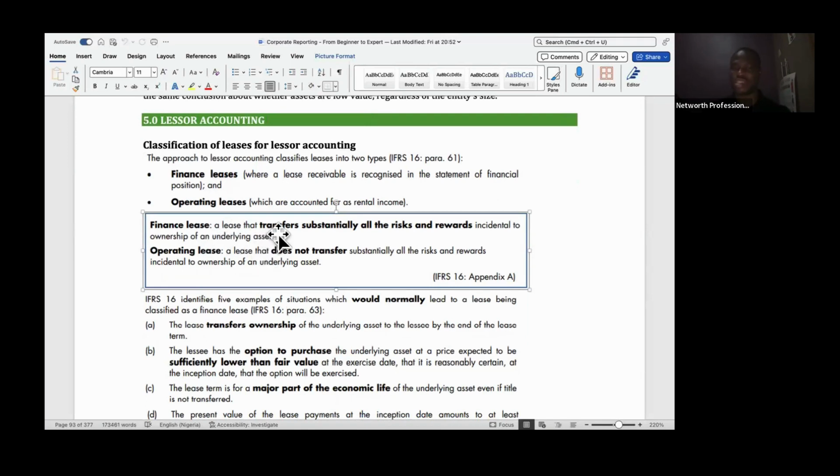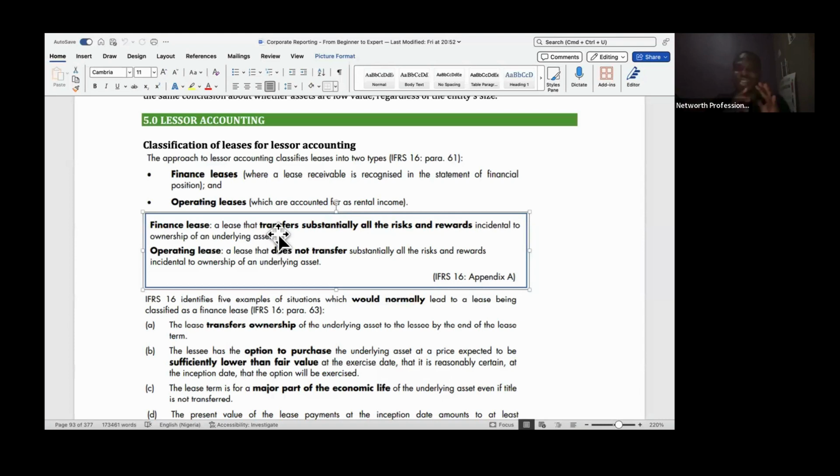What this is substantially saying is that the asset is not going to come back to the lessor. The lessee is going to use it for all the life of that asset, the remaining life. So the lessor has transferred substantially all the risk and reward incidental to ownership of the underlying asset.